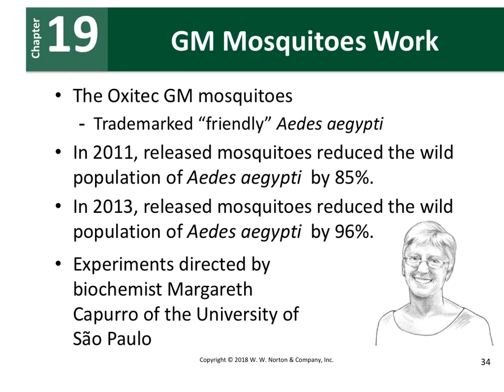Okay. So they developed this mosquito, released mosquitoes, and reduced the wild population of Aedes aegypti by 85%. In 2013, they released the mosquito and reduced the wild population by 96%. So it worked.